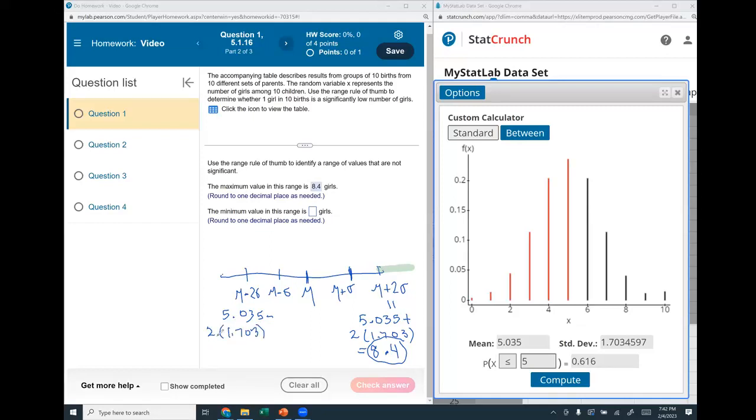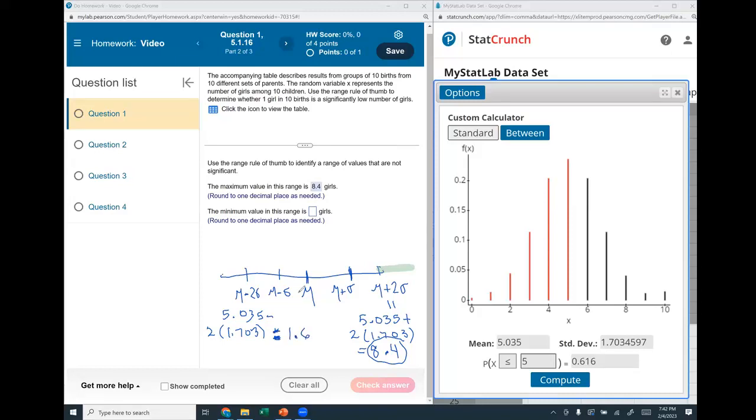And that gives me, that is not a smiley face. I'll fix it. It's an equal sign. So 5.035 minus 2 times 1.7, rounding to 1 decimal place, is 1.6.